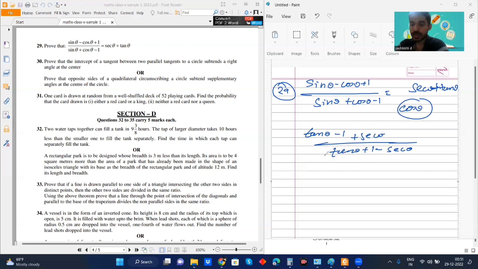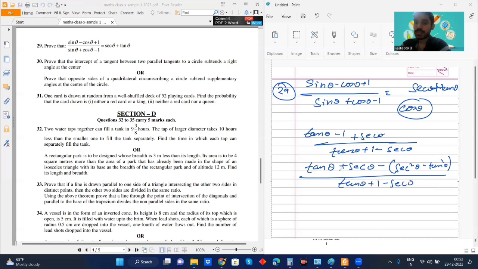Now, I can write 1 as sec square theta minus tan square theta. So I will write here tan theta plus sec theta minus (sec square theta minus tan square theta) using the identity. Similarly, the denominator remains the same, tan theta plus 1 minus sec theta.